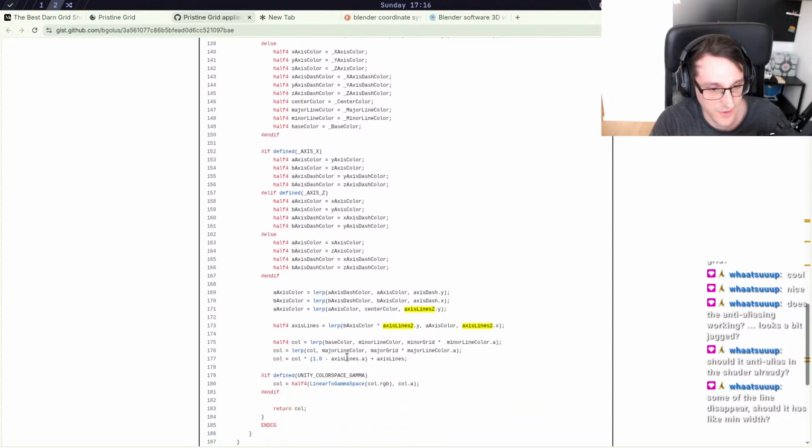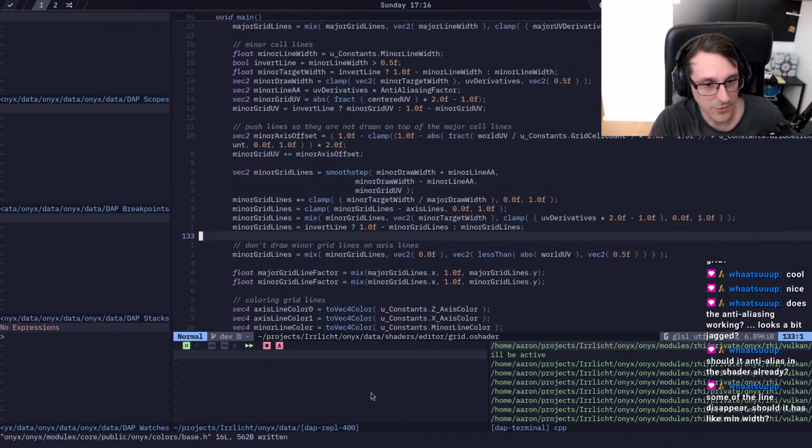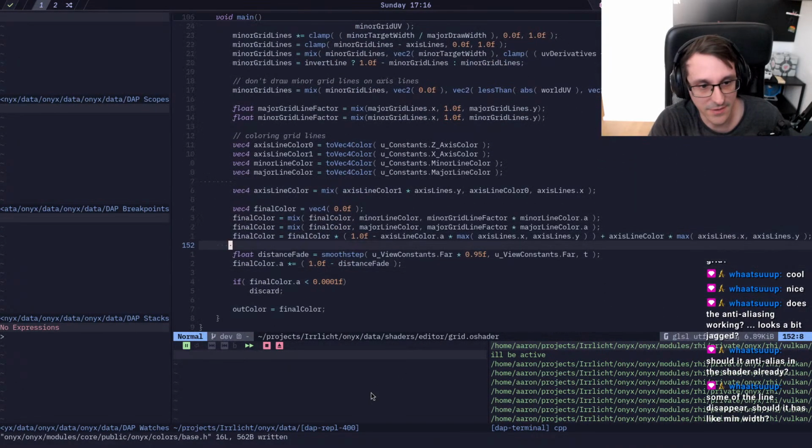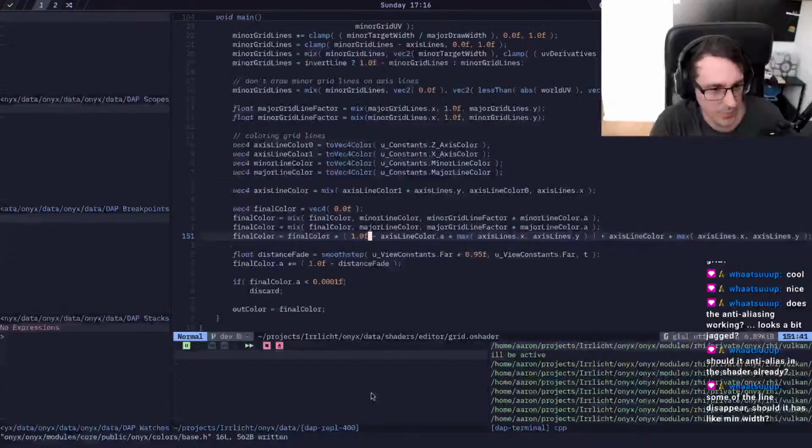I can see if this is... I have a different logic down here, right? Which might be... but I doubt that this is the issue. So that is 1 minus that plus the axis lines.